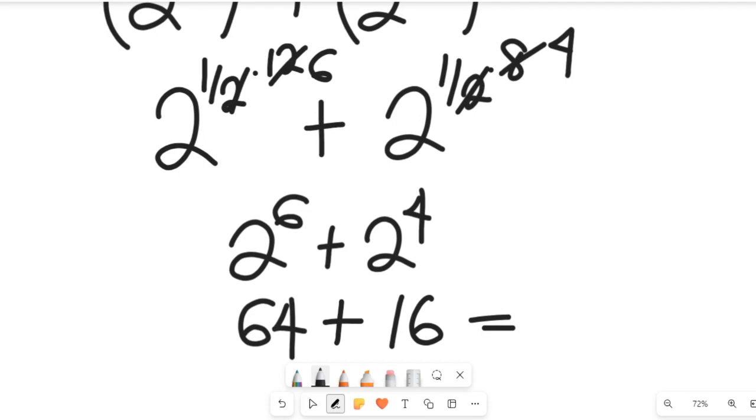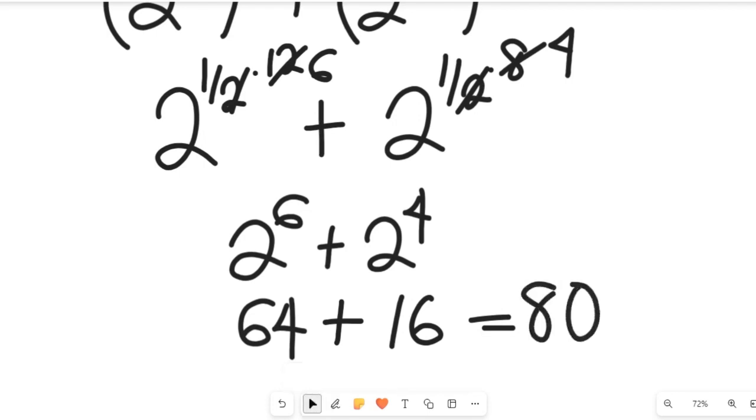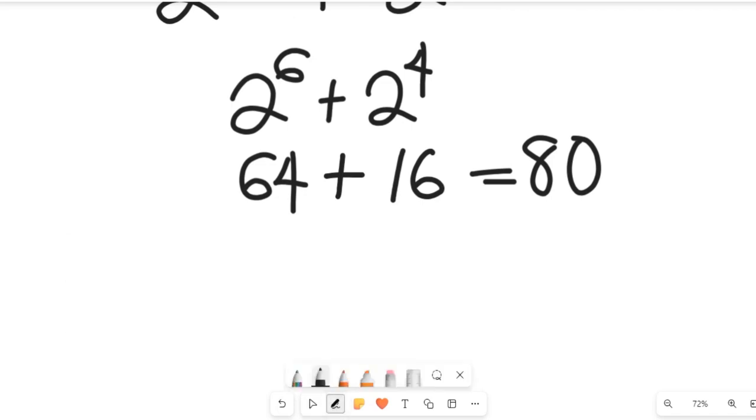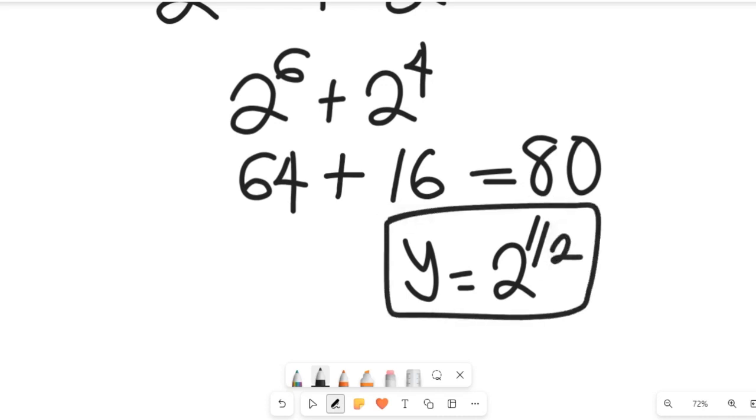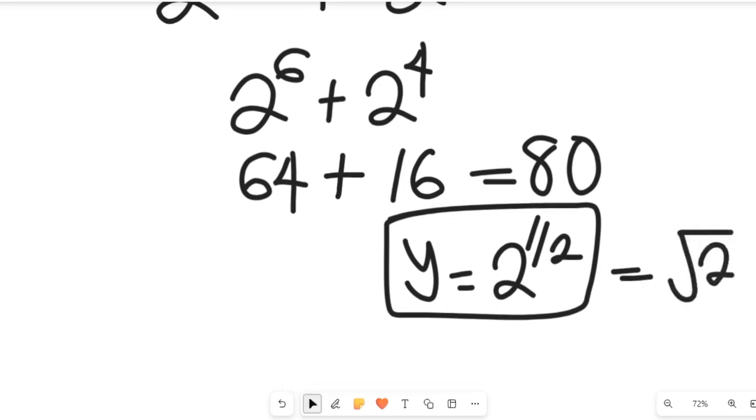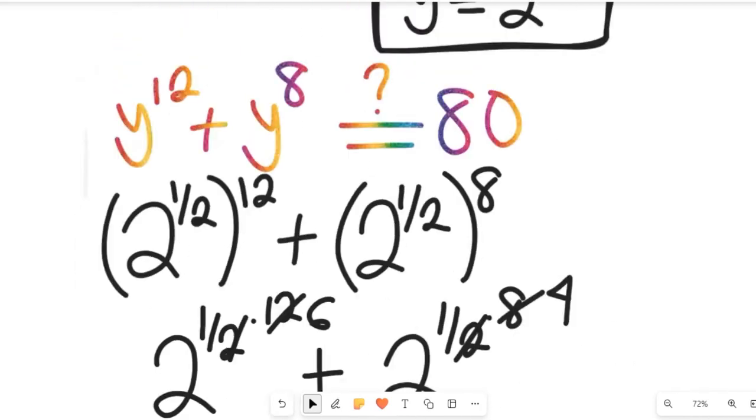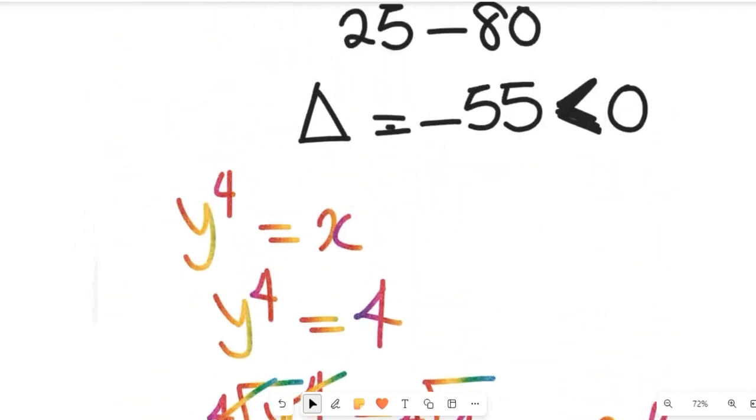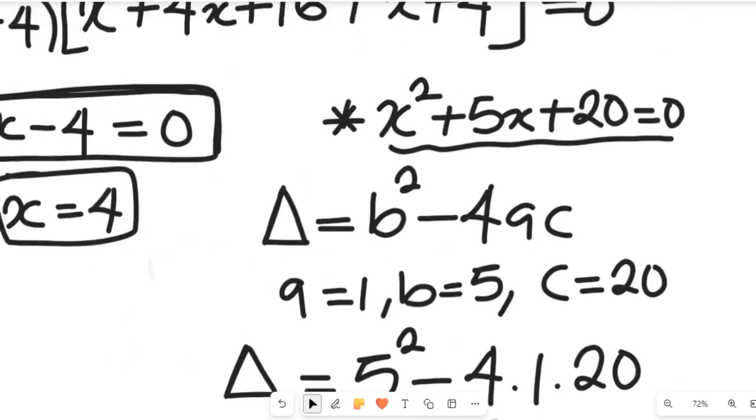This plus this is equal to 80. So it did give us 80. So that tells us that the solution y equal to 2 to the power of 1 divided by 2, or the square root of 2, is the solution to that exponential equation that is given to us up there.